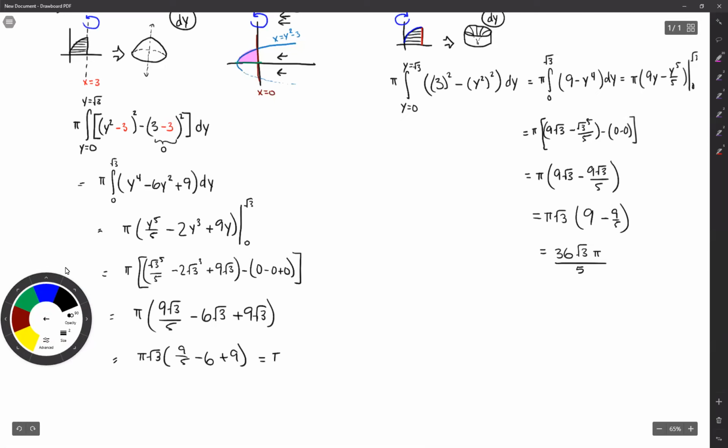So that's pi times the square root of 3 times, okay, so first just combining the easiest terms, -6 and 9, that makes 3. 3 is 15/5. 9/5 plus 15/5 should be 24/5. Okay, and just rewriting that a little bit, 24 square root of 3 times pi all over 5.